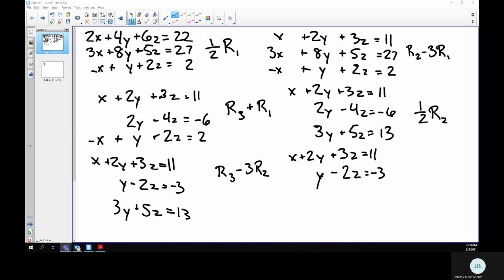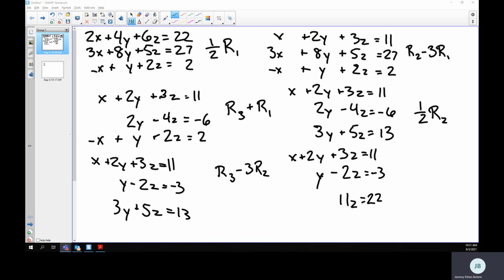Just making sure that I've done everything right so far. Yep. Yes, so we'll get 11z. And that's going to be equal to, we're going to add 9 to 13, which gives us 22.